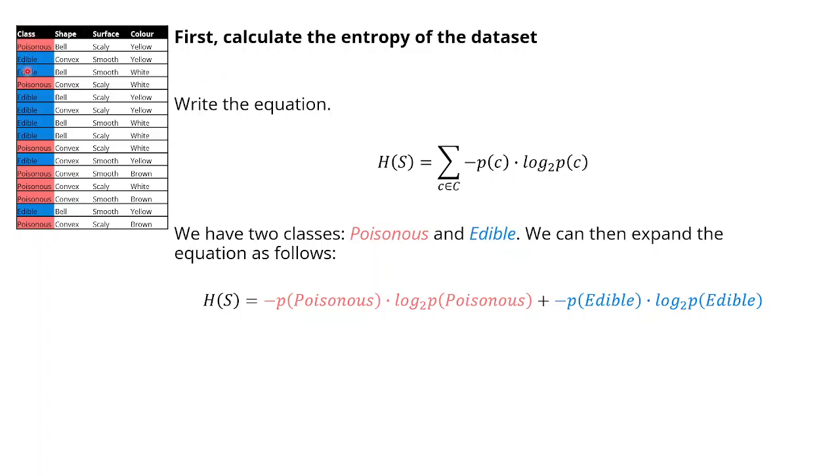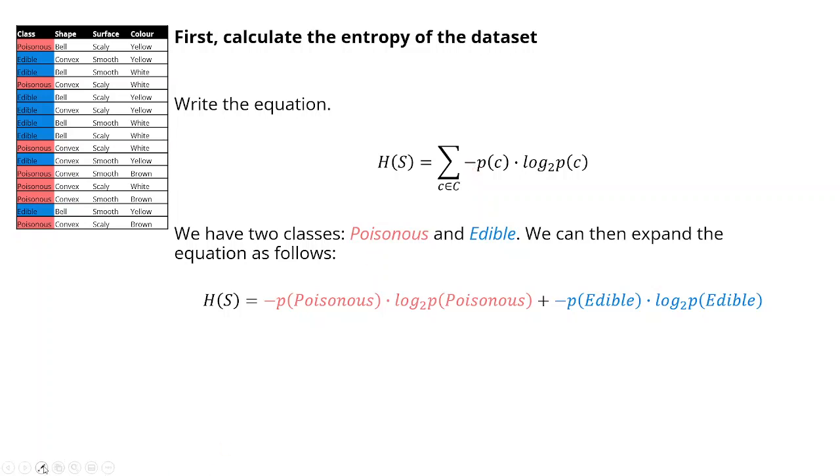So we only have two. Basically, we have the probability of poisonous multiplied by the log 2 of the probability of poisonous plus the probability of edible times the log 2 of the probability of edible.